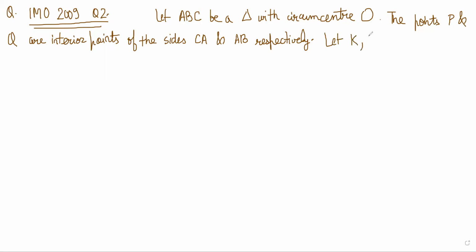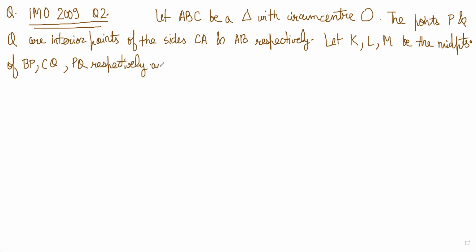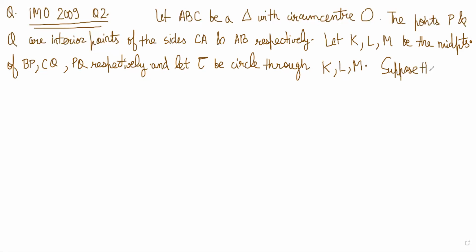Now let K, L, M be the midpoints of BP, CQ, and PQ respectively, and let tau be a circle through K, L, and M. Now suppose that line PQ is tangent to the circle tau.